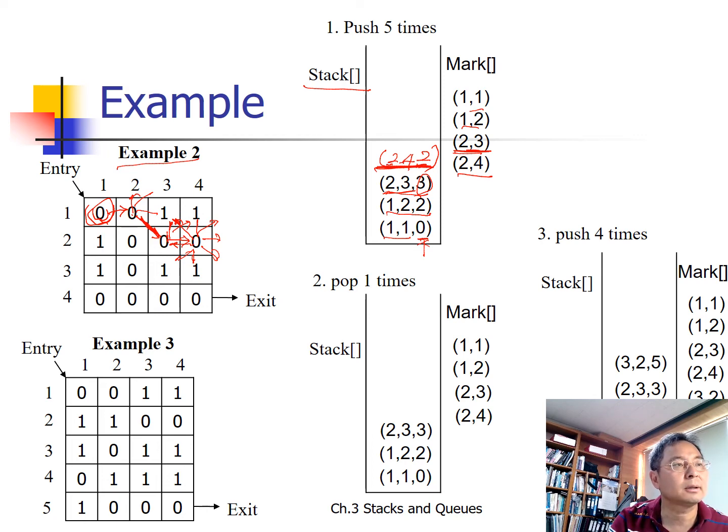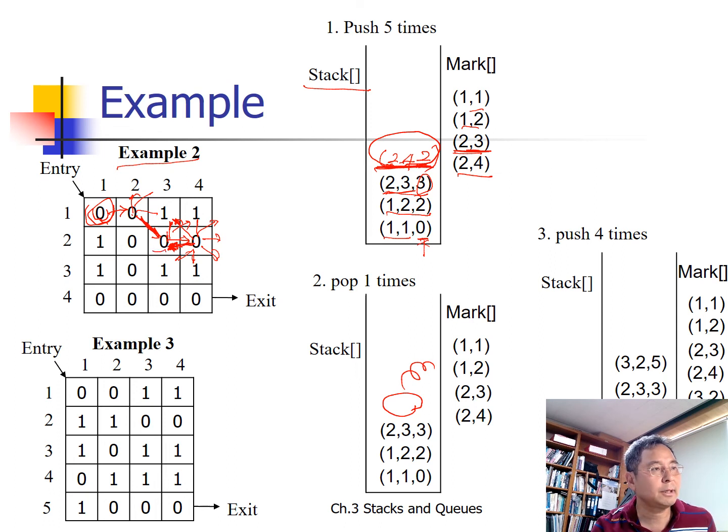At that time, we must go back or backtrack here. Before that, we must pop 2, 4 from the stack. So the 2, 4 was deleted from the stack.